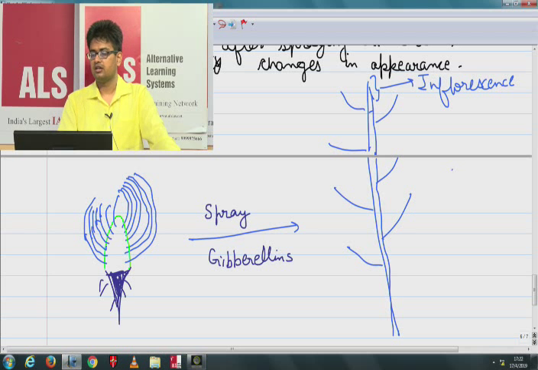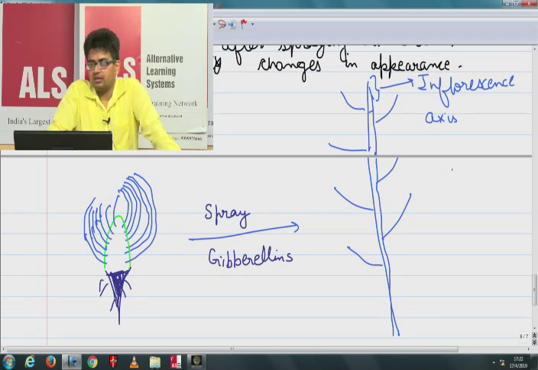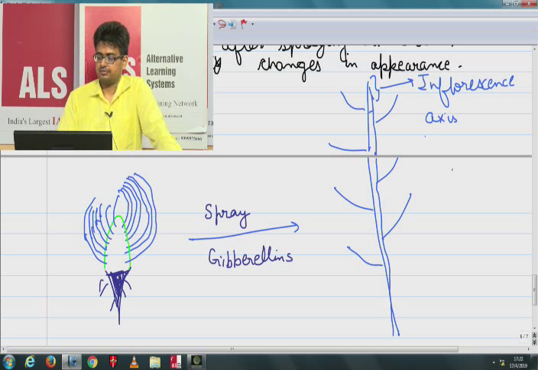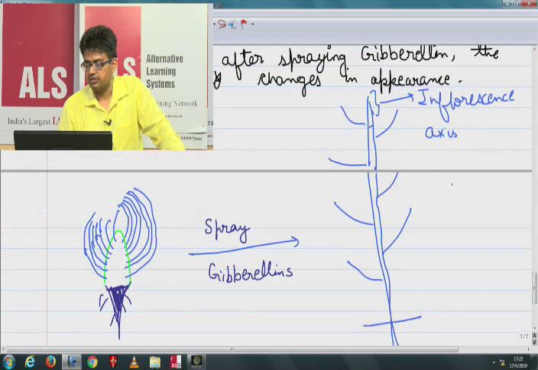Inflorescence axis, I'm not drawing here. Does the change happen immediately after spraying? Look, please try to understand this. The hormones always have an effect. This effect is seen after many days.